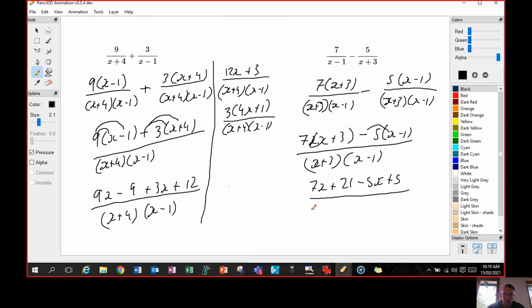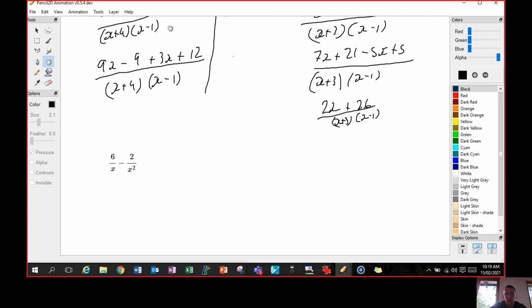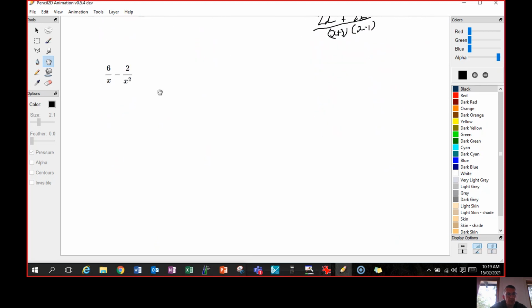So that is on x plus 3, x minus 1. So now I can say that is 2x plus 26 on x plus 3, x minus 1. That's going to be x plus 13 if I take it out, so that can't cancel down. So that's how you add and subtract your fractions with algebraic terms.